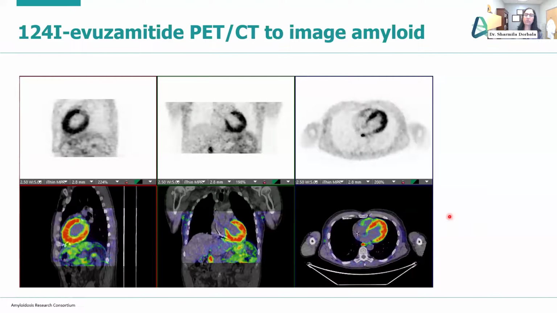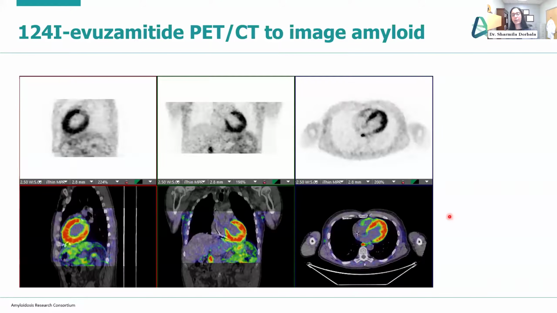Of course, this could also have huge implications for assessing treatment response. So if you now think of novel treatments that are coming on board, we could perform an image before treatment is initiated, and we could theoretically perform an image after treatment is completed to see how the treatment has affected the amyloid fibrils in the heart.